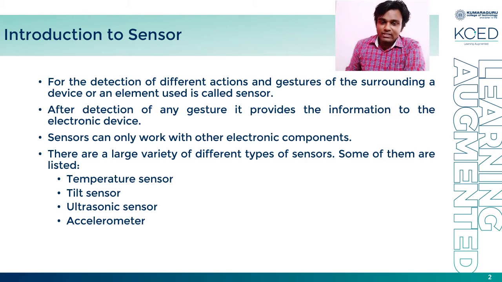There are different types of sensors. Some of them are temperature sensor, tilt sensor, ultrasonic sensor, and there are sensors to measure geometrical locations, such as GPS, also available. These sensors capture certain analog values and convert these analog values to digital values so that they can be fed into the microprocessor, so that the microprocessor can process digital values.